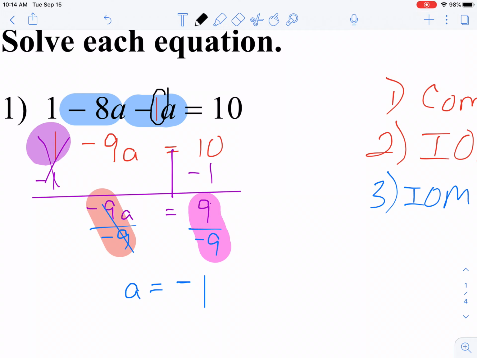So these really didn't cancel out. They equal 1. And so if you think about that, 1A, negative 9 divided by negative 9 is 1. But we don't have to put the number 1 when it's just a variable. We assume that that 1's there. So 1A equals negative 1.